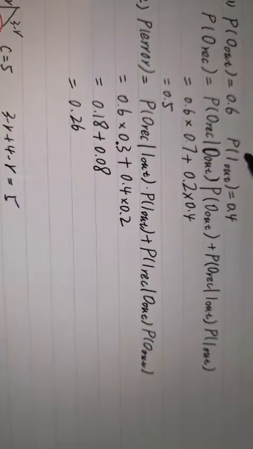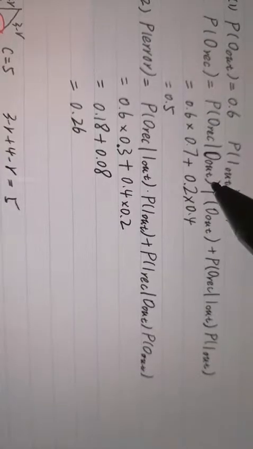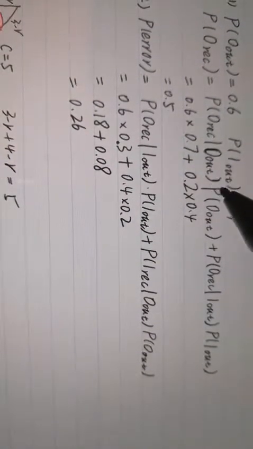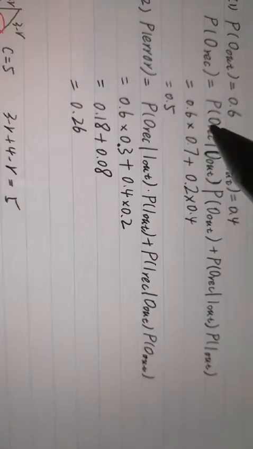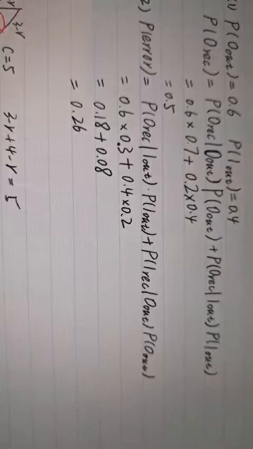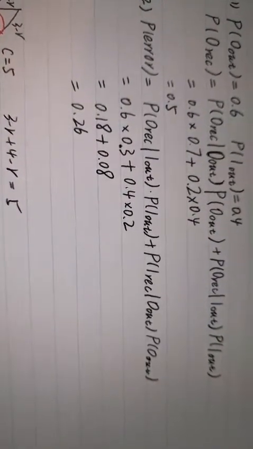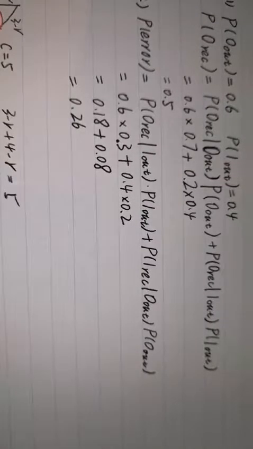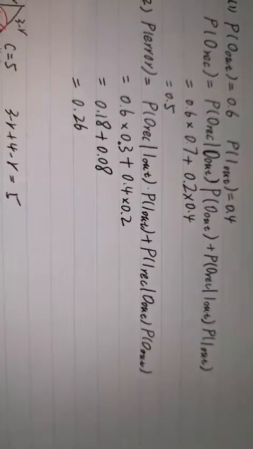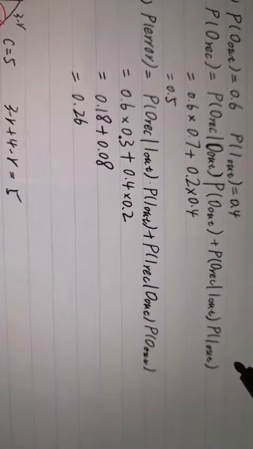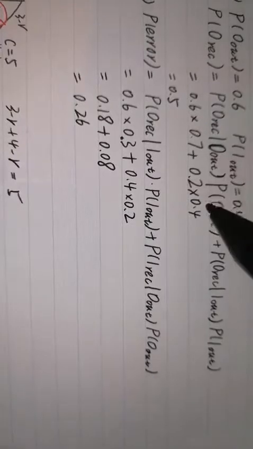So we can see from here, when it's 0 output data and we receive 0, the probability is 0.7, and we also need to multiply with the probability 0.6. And when 1 is the output data, the probability of receiving 0 is 0.2, and we also need to multiply with the probability that output data is 1, so it's 0.4.